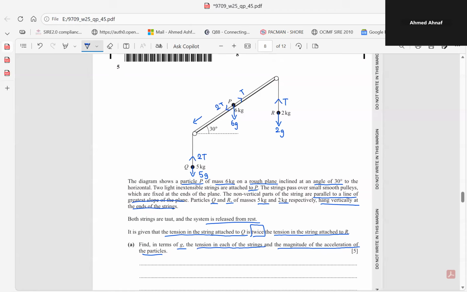So it's a rough plane, so there's going to be friction acting. So I'll just label the friction in here, but that's only for P. So FP, and we also have the normal reaction force, which I'm going to label as NP. Yeah, these are all the forces in here.